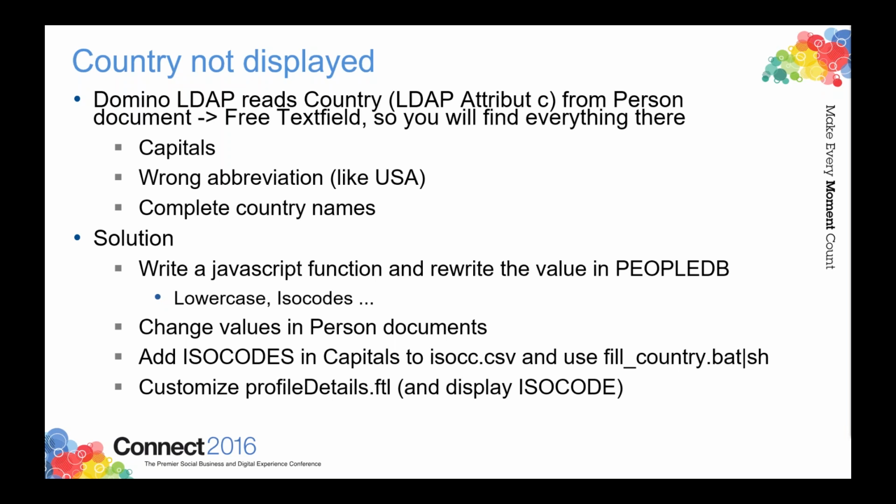And as a last possible way, but I don't like it, customize your profile details FreeMarker template, the FTL, and remove the lookup to the table. So you can write, no, you can't write, because the validation property says a maximum of 3 characters. So it can show up, but then with an abbreviation.